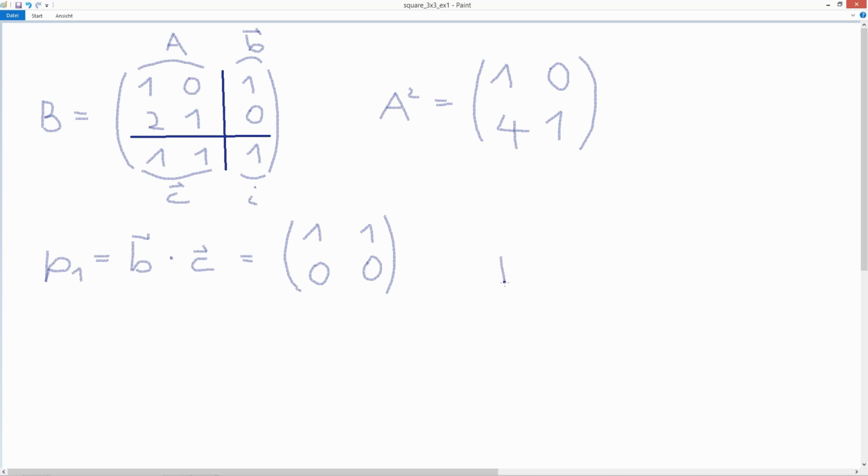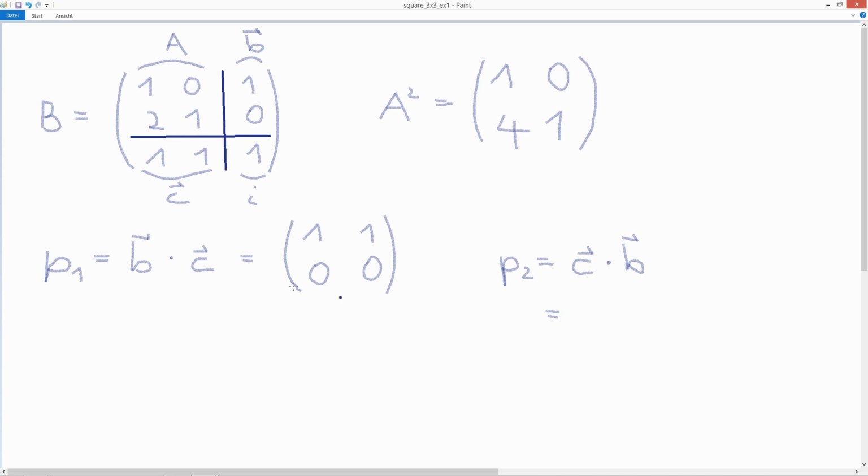Product P2 is equal to the dot product of B and C. So C times B. This is a scalar.